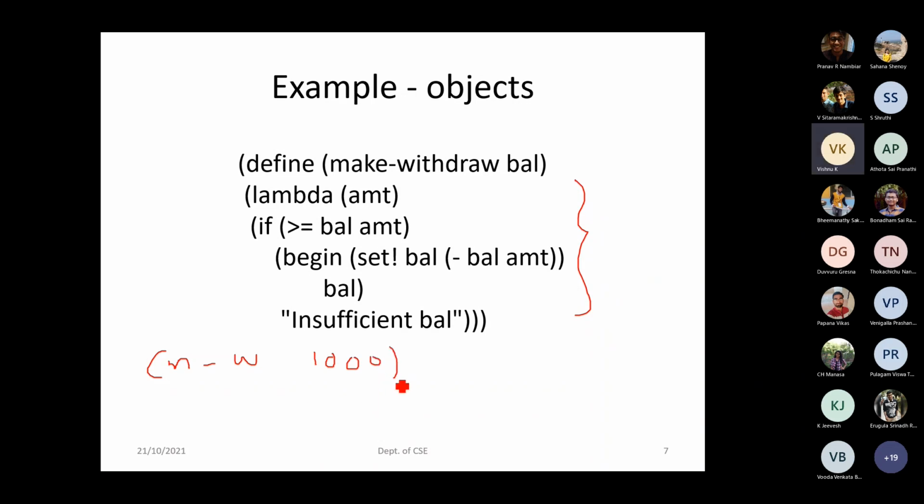It returns the lambda function. By setting the balance to be 1000, it just returns the lambda procedure. It doesn't give you any particular value, right? If you have to get the value, you should have one more bracket open where you say how much value you want to pass.